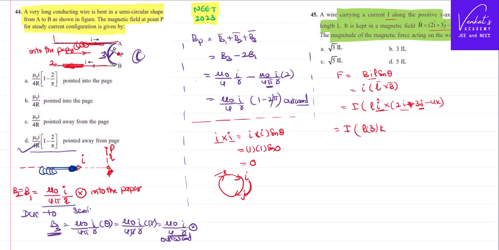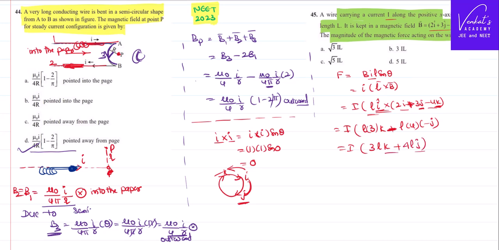Next, i cross k. i and k are in the opposite direction, therefore it becomes minus j. So it is minus L into 4 into i cross k, which is minus j. So this is I of 3Lk minus of minus is plus 4Lj.